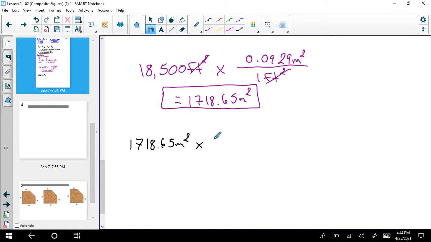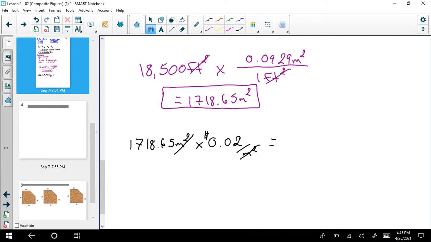So I'm going to multiply it by $0.02 per meter squared. And because this is per meter squared, these get to cross out, and it's going to tell me how much it actually is.